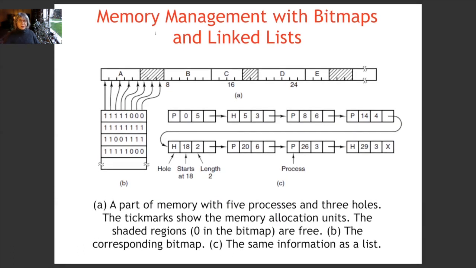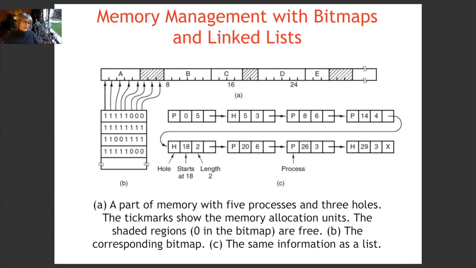Memory management with bitmaps and linked lists are shown through an example. In this example, we have 5 processes in the memory, and they are loaded as shown in this part of the figure. The free areas are shown as shaded regions. For each allocation unit, we have a bitmap.